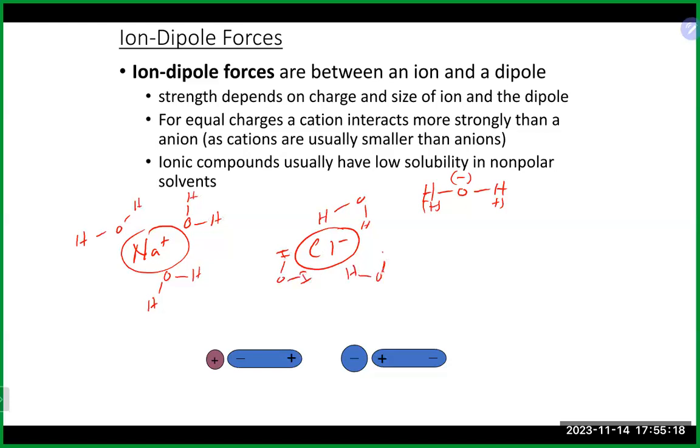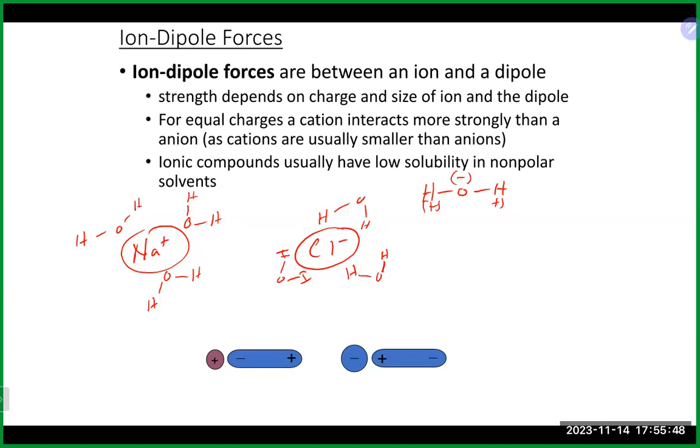That is why they are fairly soluble in each other, and water is a pretty good solvent for a lot of ionic compounds, because it can interact very well with them. They're able to surround them. So again, ion dipole forces allow polar molecules to interact well with the ions through their opposite attraction.